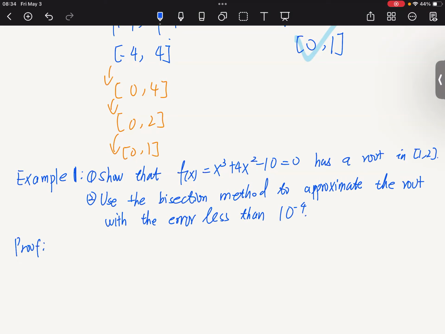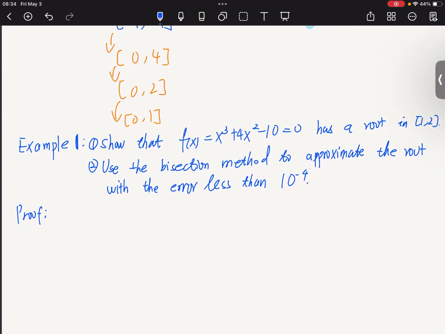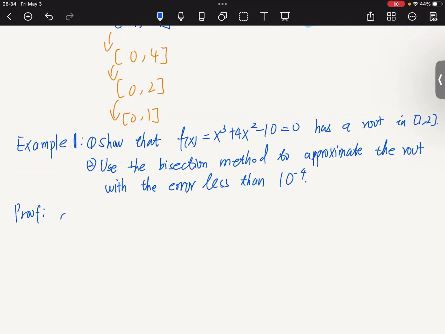And so if you want to show the first thing, what would you do? You are going to apply the intermediate value theorem here. So first, let's evaluate the function at 1, that is the left endpoint, and let us also evaluate the function at the right endpoint.